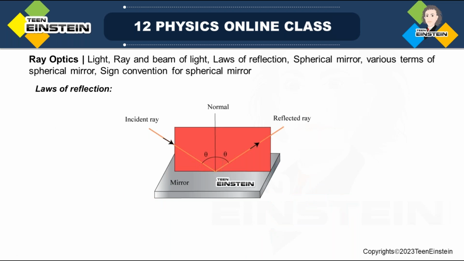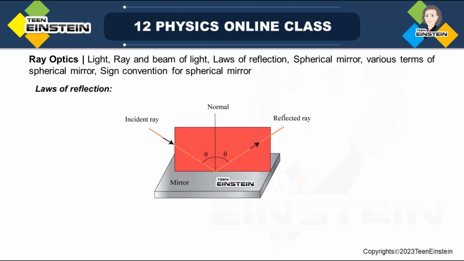Now we'll learn what reflection is. Reflection, you know, right? If a ray of light is undergoing reflection, it will go back to the same medium from which it has come.